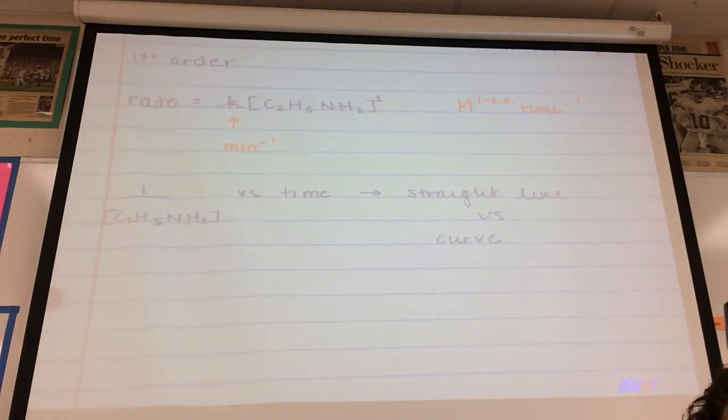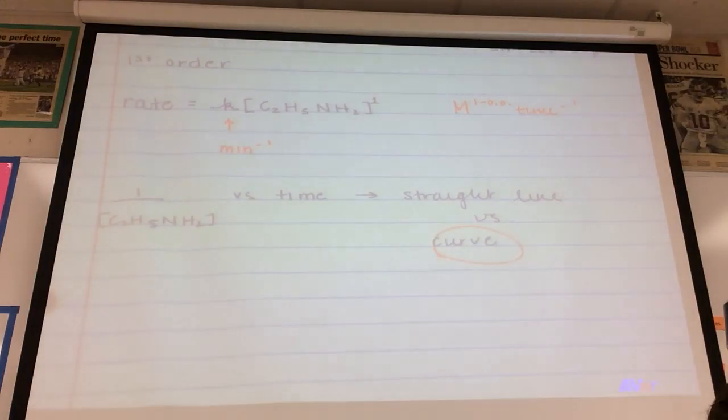Yeah, a curve, because it'd be a straight line under a second order reaction graph. Absolutely. It would be a curve because the only way to get a straight line for this versus this would be if it's second order, and we had been told it's first order, and that's sufficient.